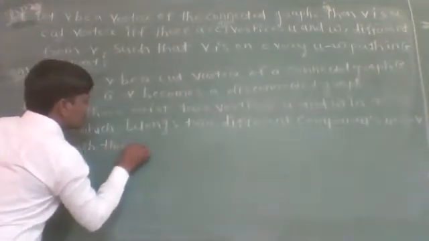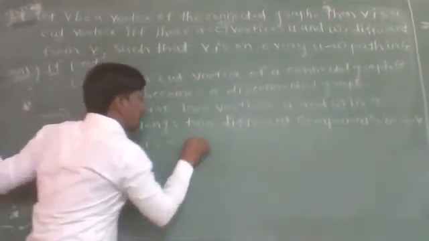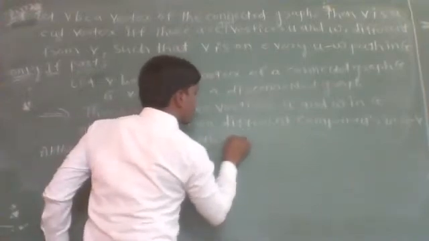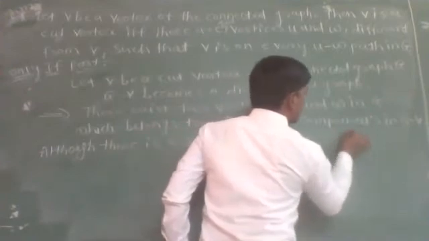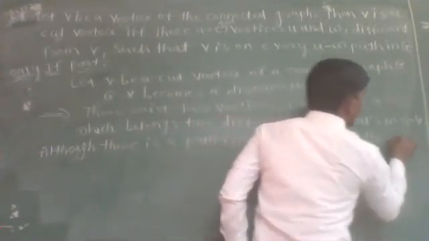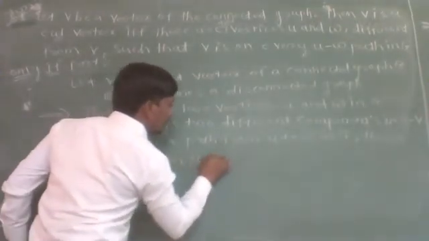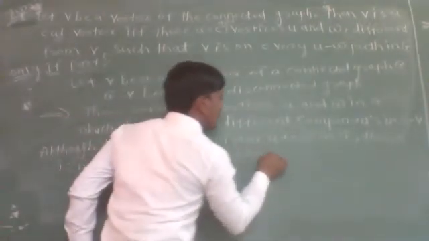Although there is a path from U to W in G, there is no path from U to W in G minus V, since in G minus V, U and W belong to two different components.